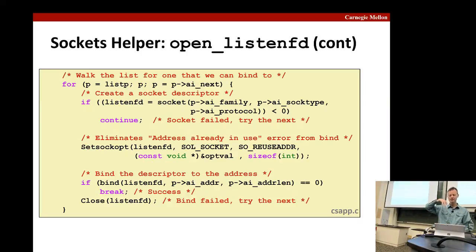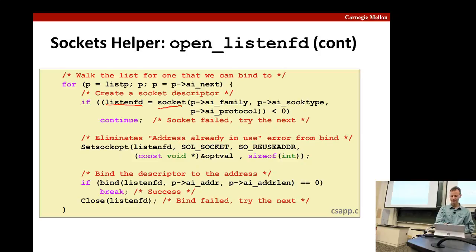And again, this is referring to your own service. So what you want to do there is create a socket descriptor, and we're going to store it in this listen file descriptor, as we said before. If you fail, then you go to the next one in the list.